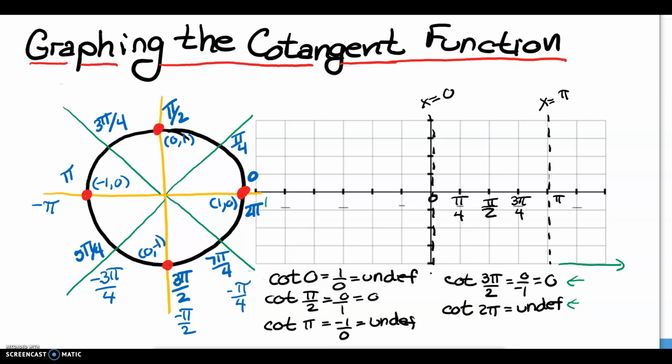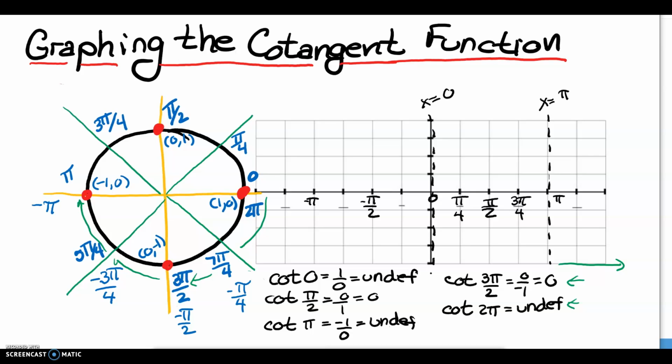So if I go from 0 to 3 pi over 2 backwards, all right, so that's going to be a negative pi over 2. So let's mark that, negative pi over 2. And that's going to be equivalent to 3 pi over 2. And then if we keep going around and we hit negative pi, we come right here.